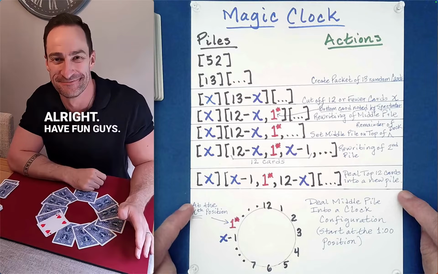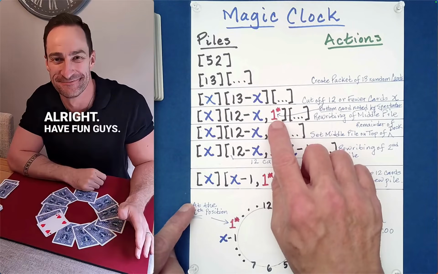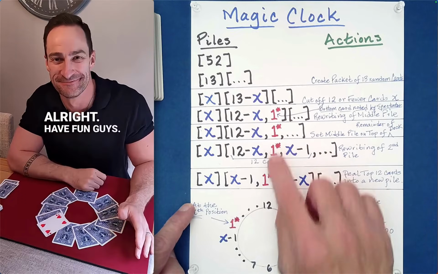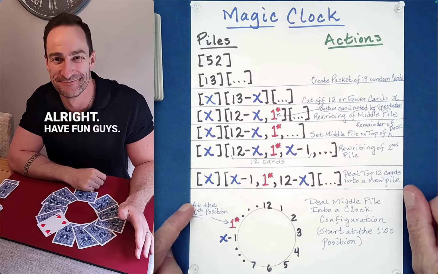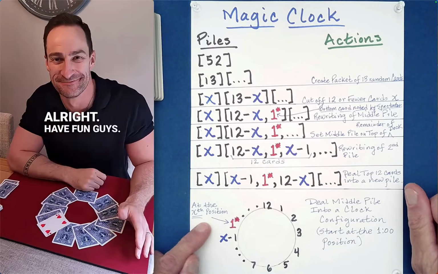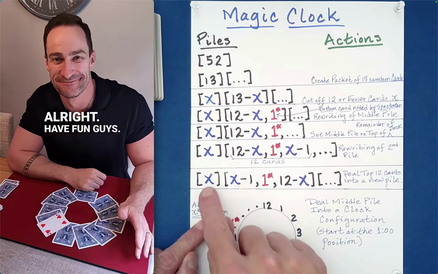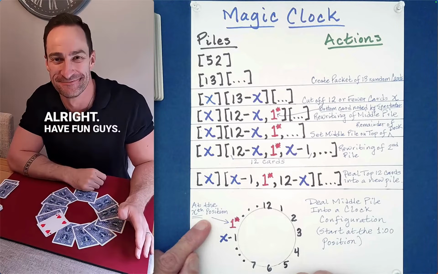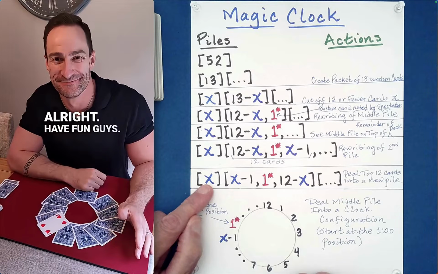And this will tell you that, in fact, this card here, this is the spectator noted card, the red one with an asterisk, is going to be in position X, where X is the number of cards that was freely cut. Okay? So this is the packet of cards cut by the spectator and hidden away.